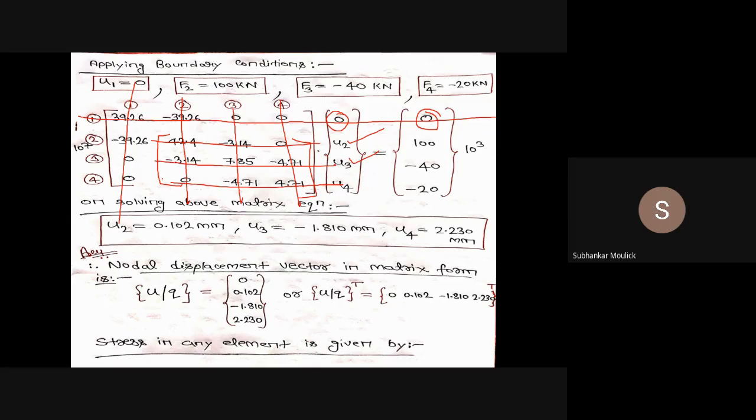Corresponding to row 4, at nodal point 4, displacement is u4. And the corresponding force values are also given in the problem, which will be a 3 cross 1 matrix: 100, minus 40, minus 20, outside bracket 10 to the power 3, in order to convert from kilonewton to Newton.